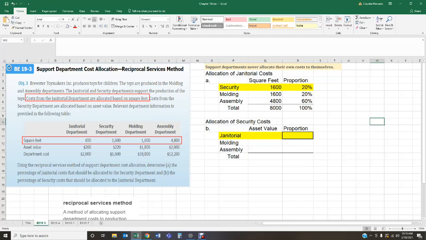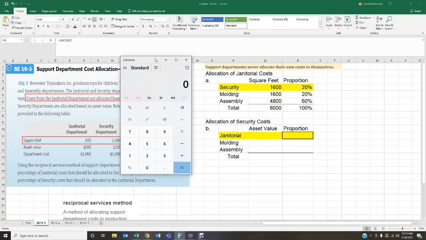So the problem stated that the allocation was based on square feet. We look at our square feet and we get the square feet for security, 1,600, molding, 1,600, and assembly, 4,800. I get my total, which is 8,000. Now I divide your respective department, which is security, 1,600, by 8,000. Okay.